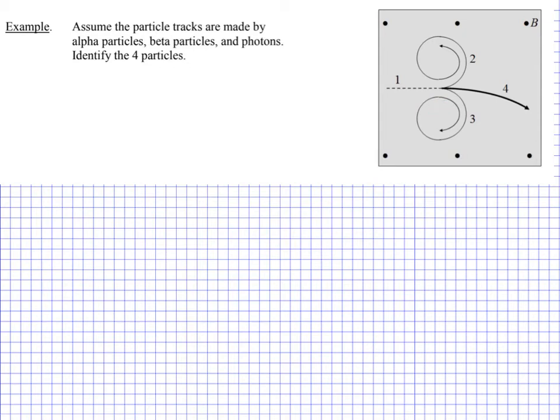And then 4 is a thicker particle track, and it's got a much bigger radius of curvature, and it's also clockwise. So the example is getting us to think about 4 types of particles.